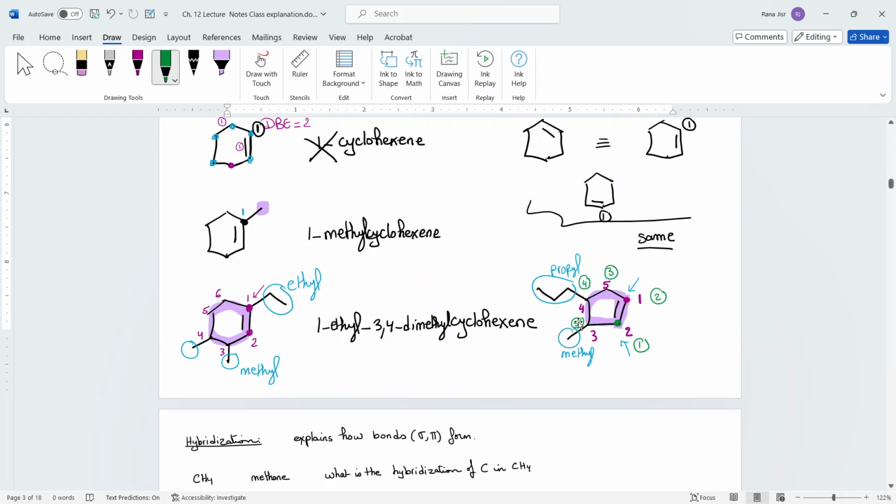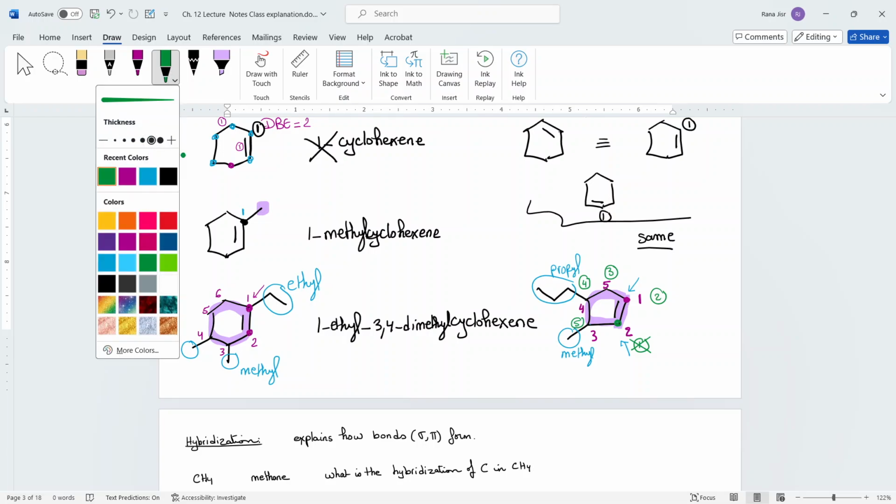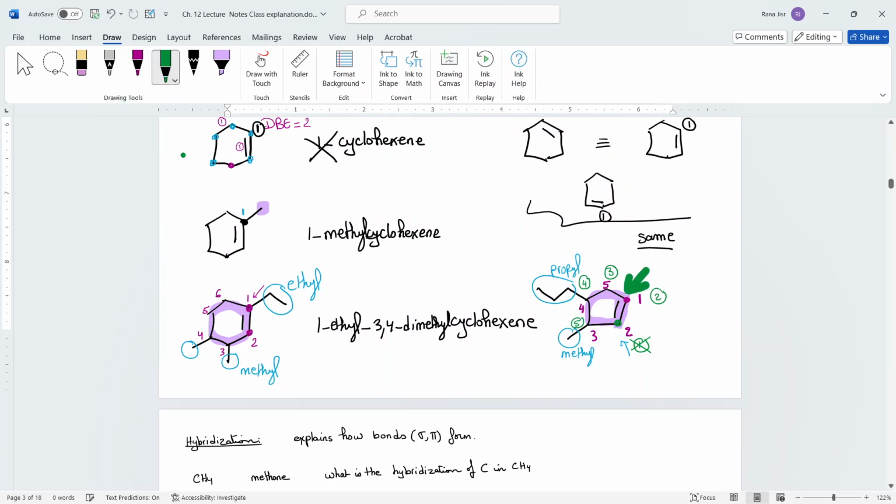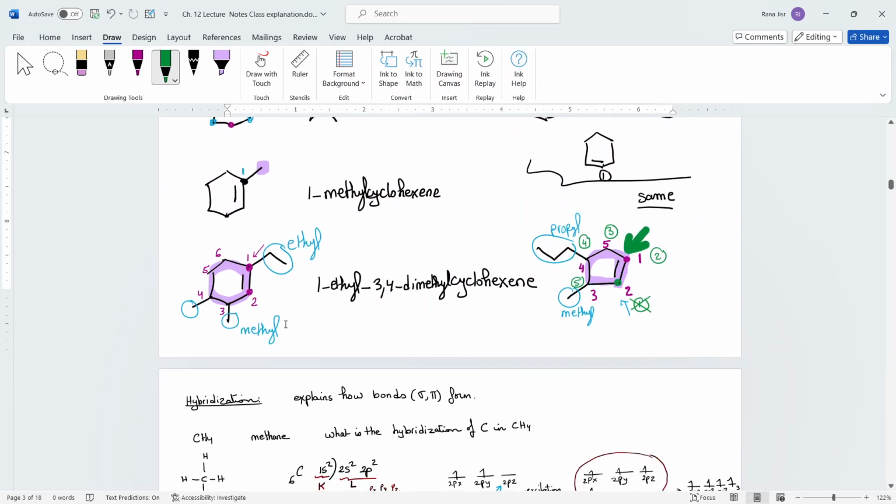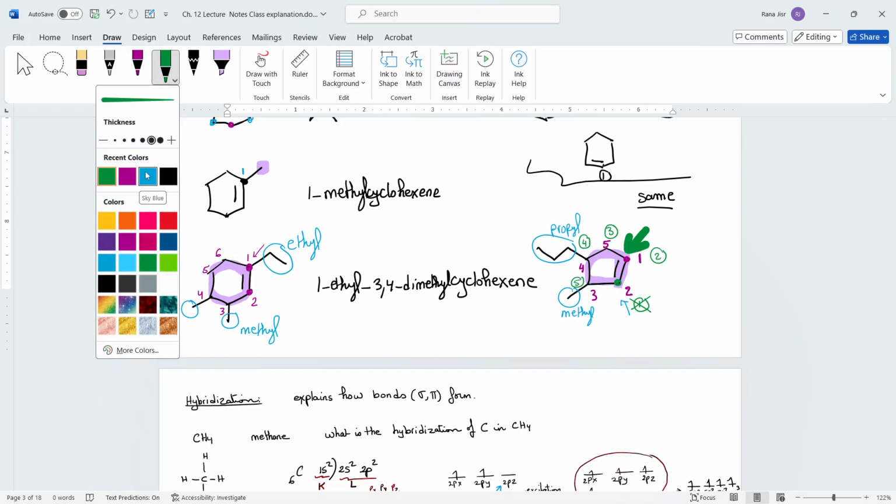So 4, 5 substituents is different than 3, 4 substituents. 3, 4 substituents is a lower number in the chain. So this is why I am not going to go with this route. I'm going to go with the other one, and I'm going to start my number from here. Numbering from here will give me the lowest number possible for these substituents.